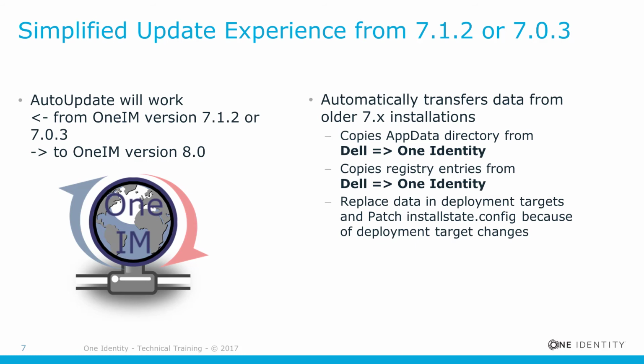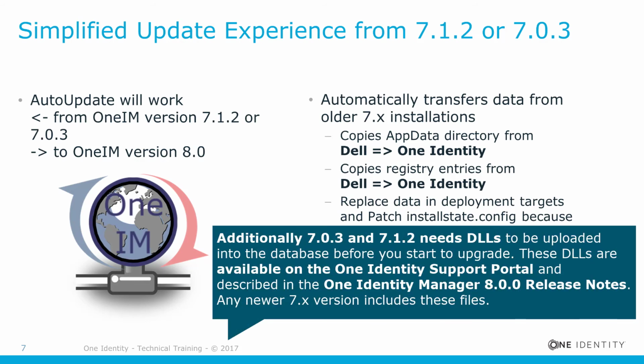Depending on what you choose at the end, even auto update, it's available, which is a good note because that means you have not to manually upgrade all services or all other installations. Please note that this only works from versions 7.1.2 or 7.03 and upper if you like to migrate to version 8.0 of the Identity Manager.